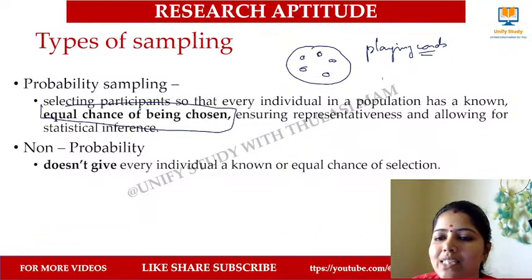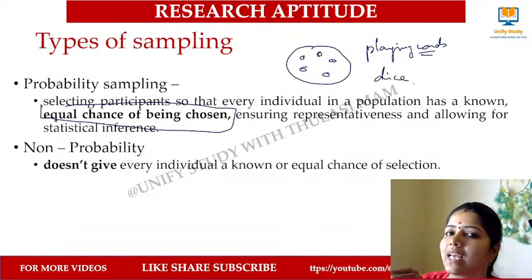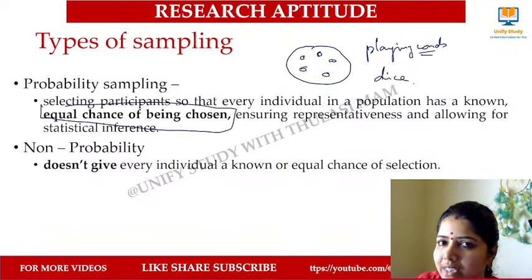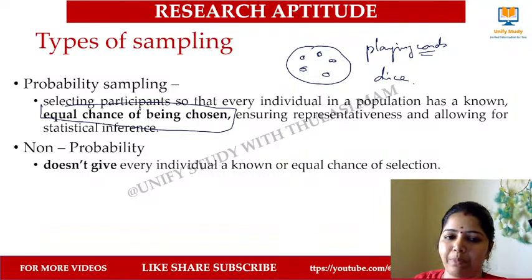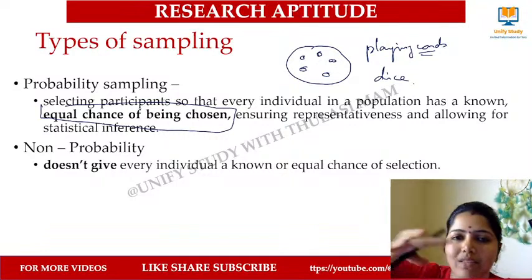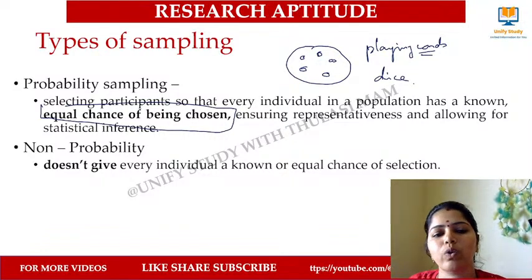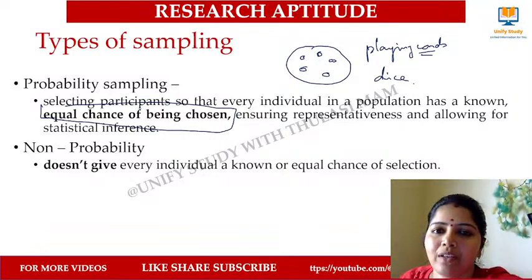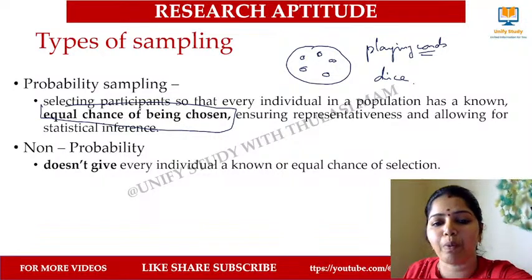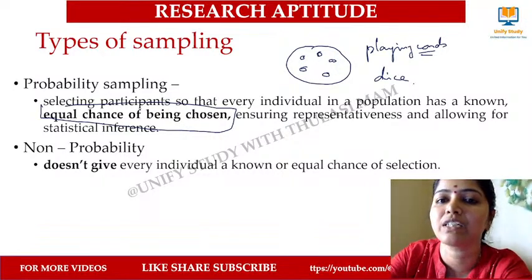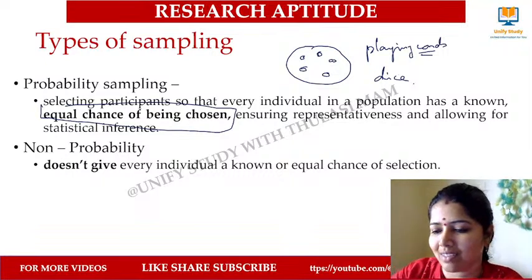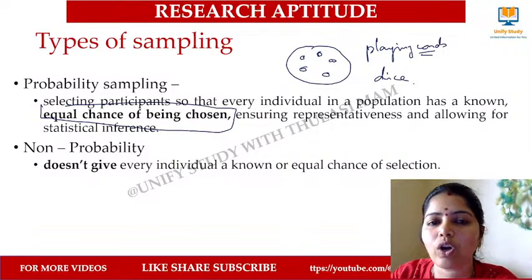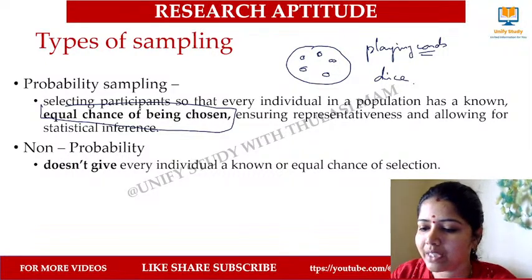Or a dice: all 6 faces have an equal opportunity of being selected. That is probability sampling. Non-probability sampling means I cannot give an opportunity to all the people in the sample group. So there may be a chance of bias in being selected for the research, and that we call non-probability sampling. Yes?